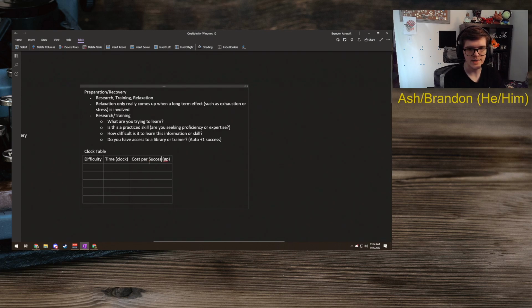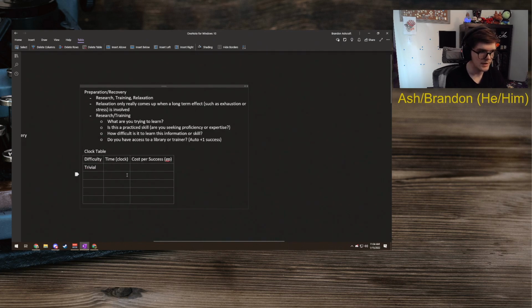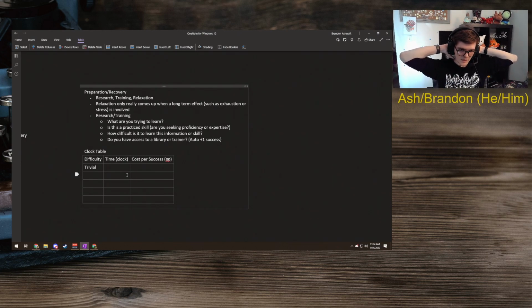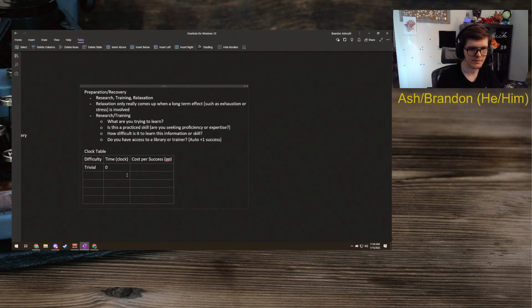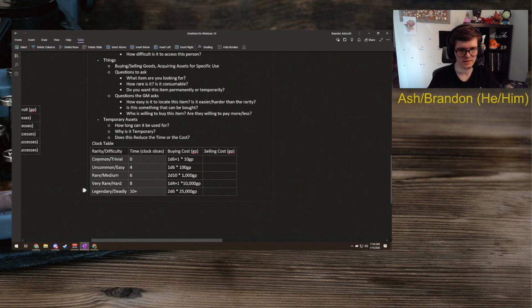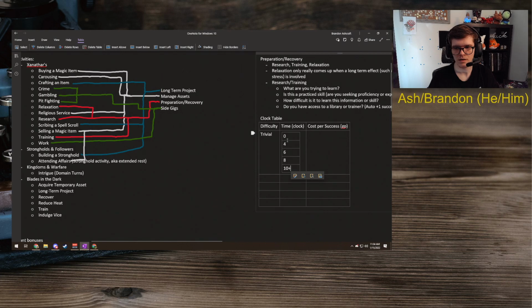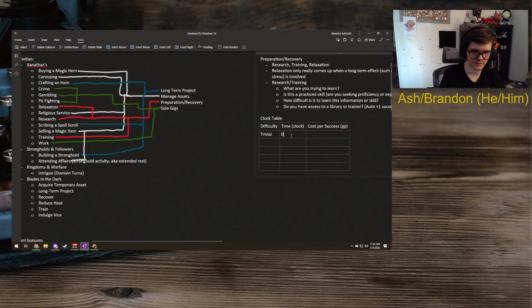Cost per success. We're going to use a table that we had before. So this is going to be trivial. Well, hold on. I may be able to do some copy paste here. Nope. All right. 0, 4, 6, 8, 10.